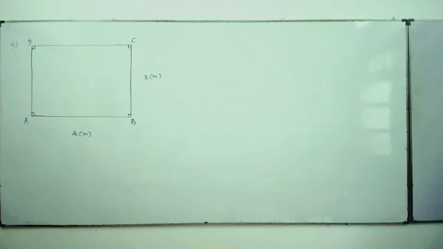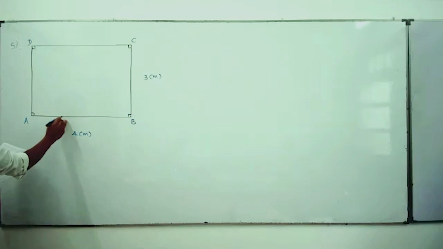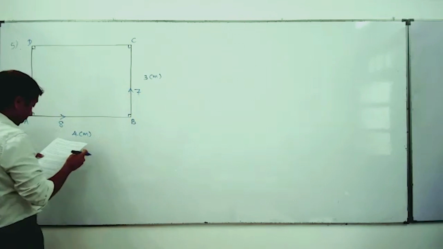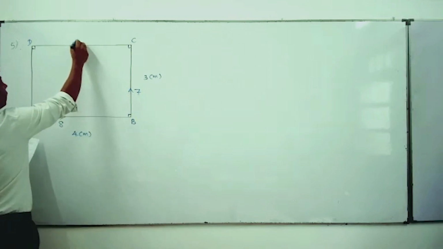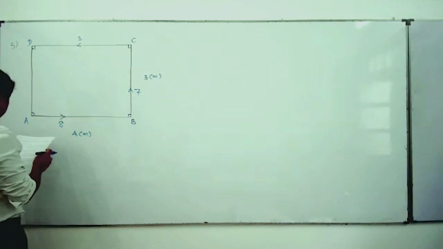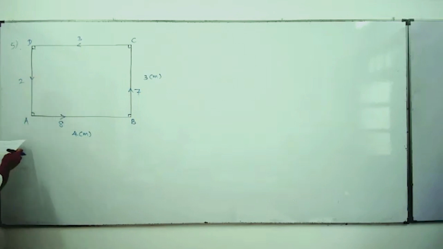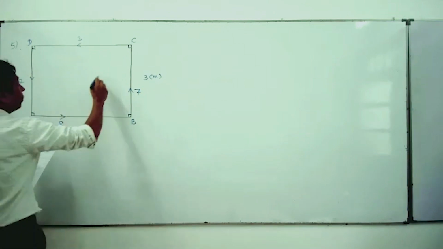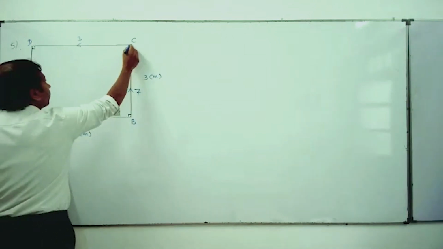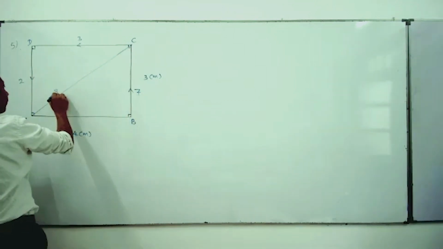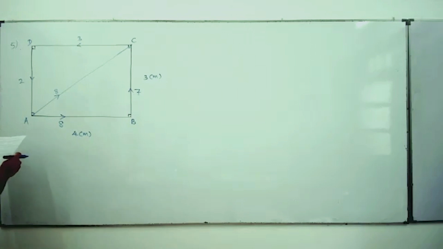Forces of magnitudes 8, 7 and 3 are acting along the sides. On AB side it is 8, BC side 7, CD 3, DA 2, AC 8, and DB 7.